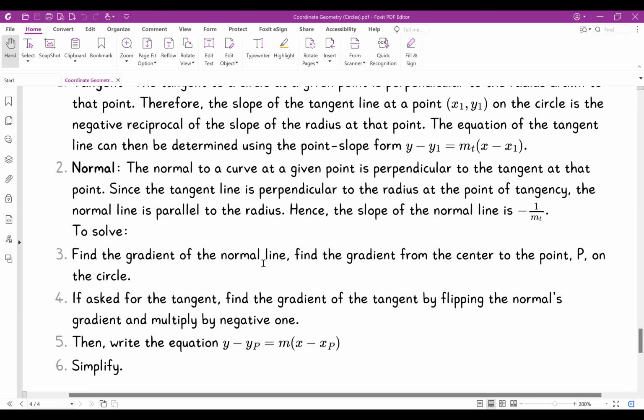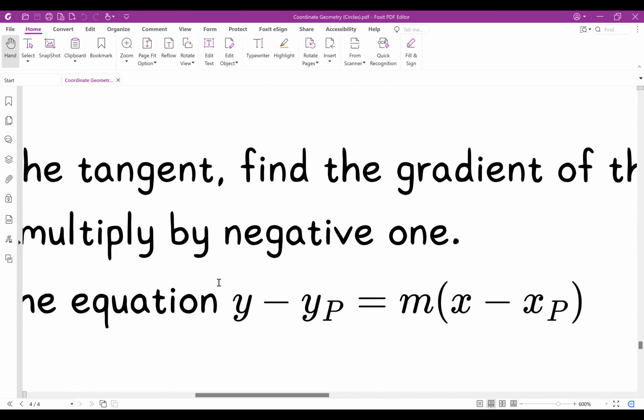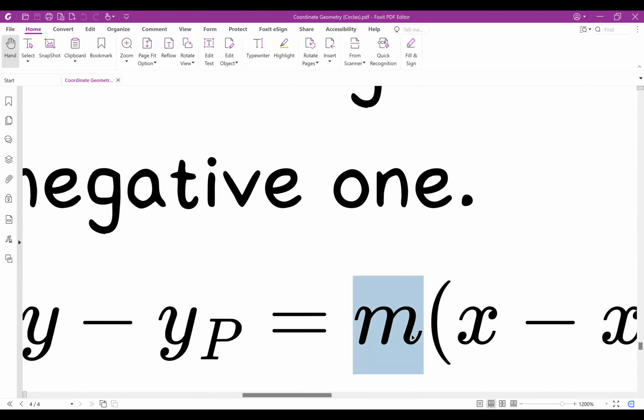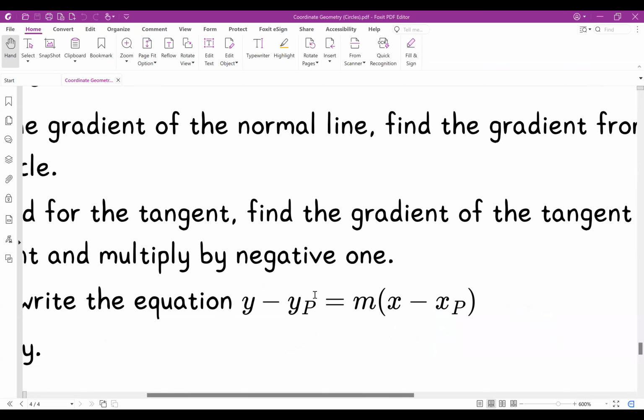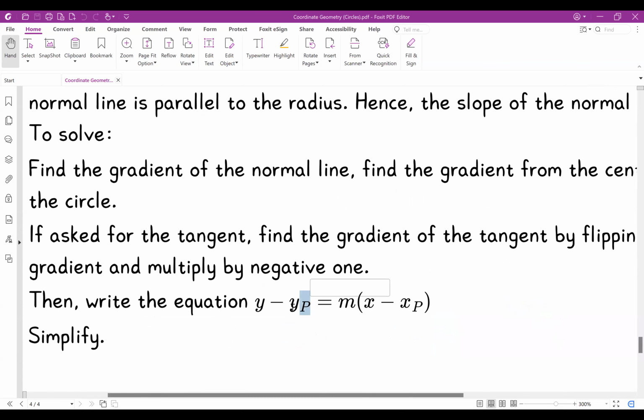Cool. Then you just need to write it as an equation. So now you have the gradient, right? You write the equation y minus the y of the point they gave you equals the gradient you found times x minus the x of the point they gave you. So remember, the point has x and y. This is a way to have that.